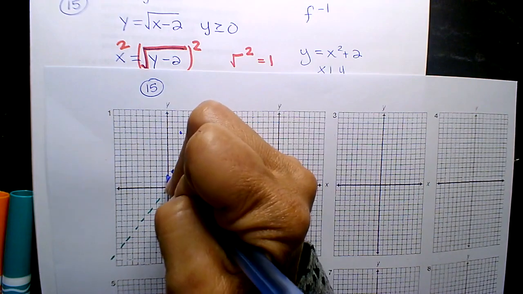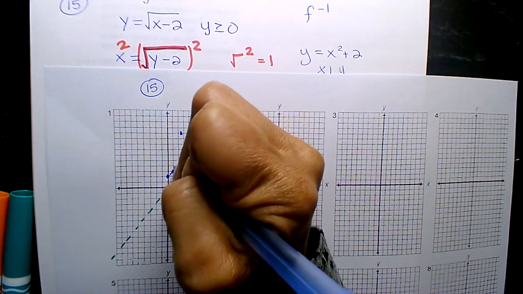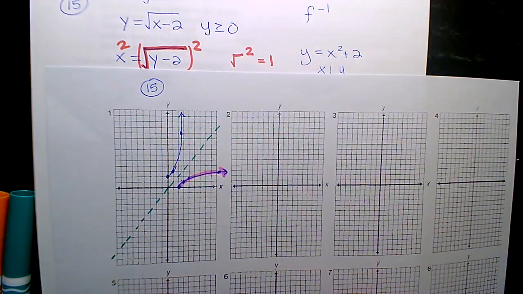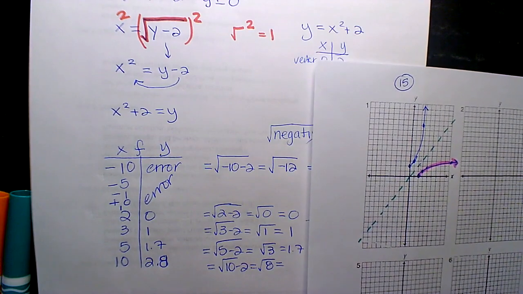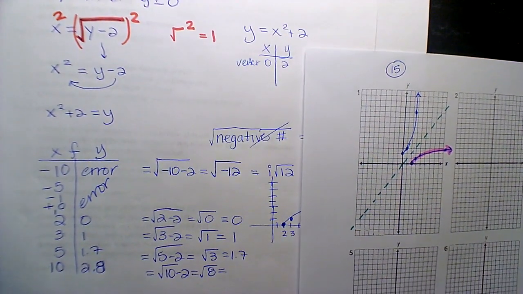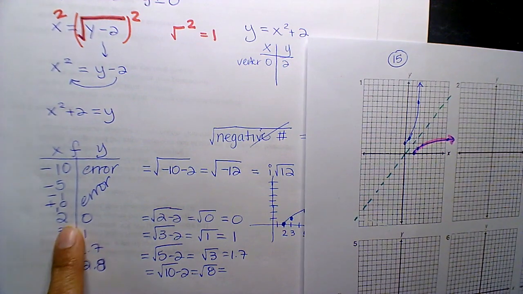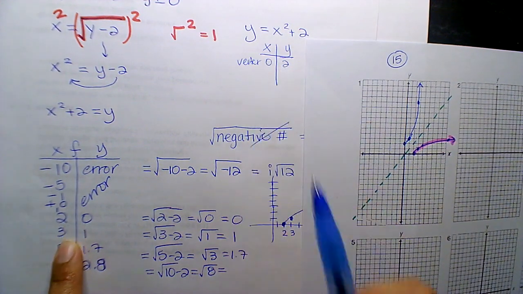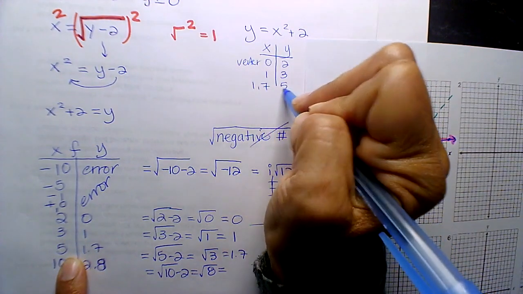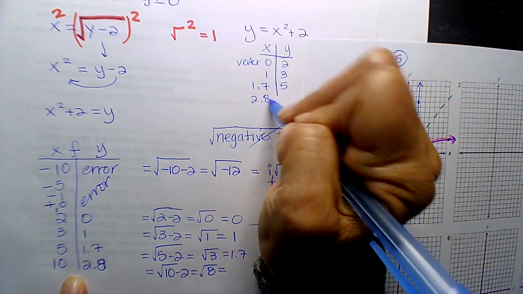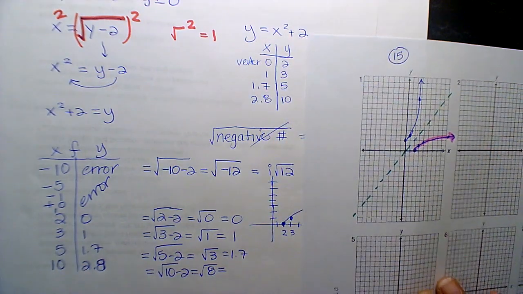So it's kind of looking like that, right? So if I just move it to the side. Right, so you just switch your points. If it's 2, 0, then 0, 2; 1, 3; 1.75, 2.8; 10.